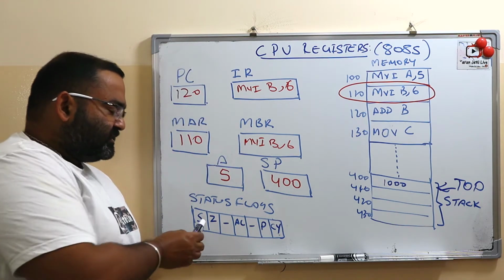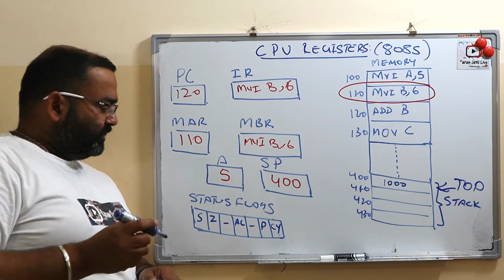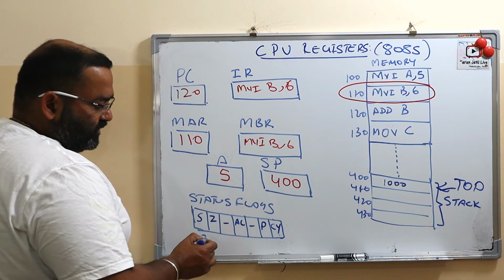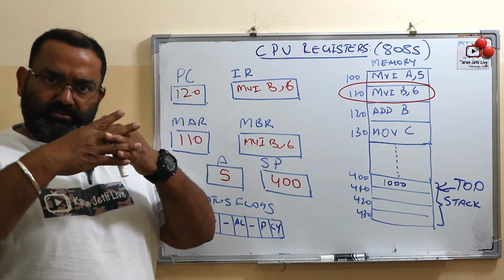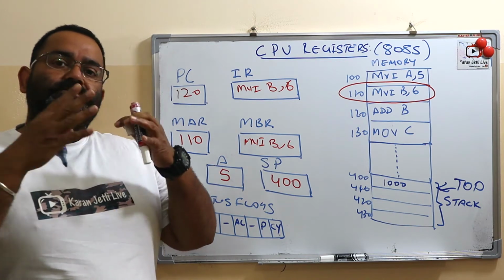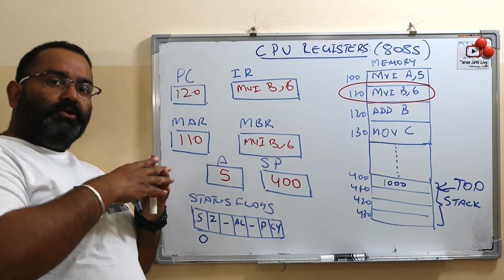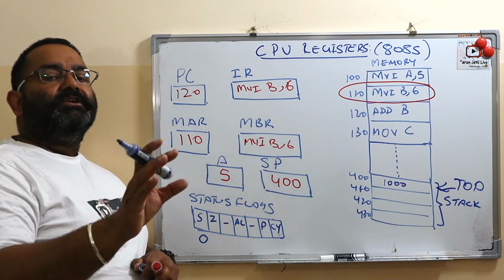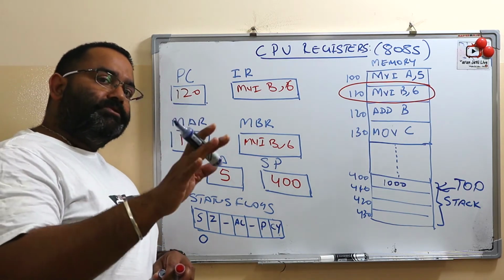One is S. S is called the sign bit. If it is 0, it means the result of the arithmetic operation was a positive number.